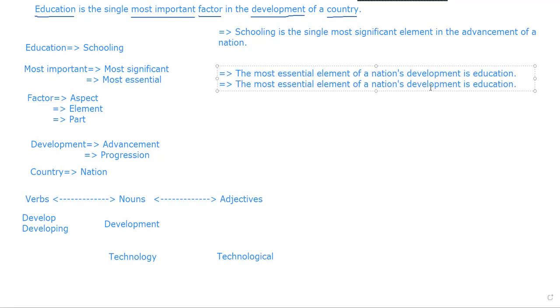Okay, you can change the position of the word as well as you can use the strategy to change the part of speech.